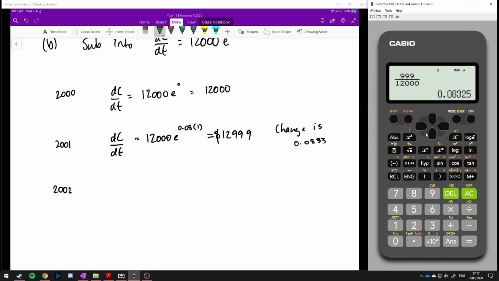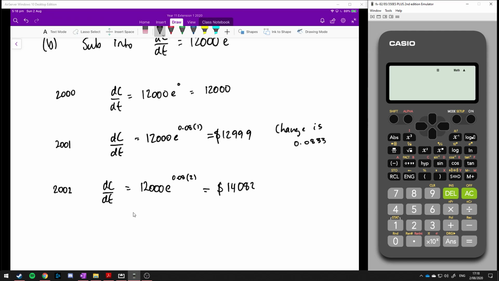So for 2002, our derivative is going to be 1200 e to the power of 0.08 times 2, which is equal to, so put it in, and if you put it in, I'm going to just use my notes, 14082 per year.